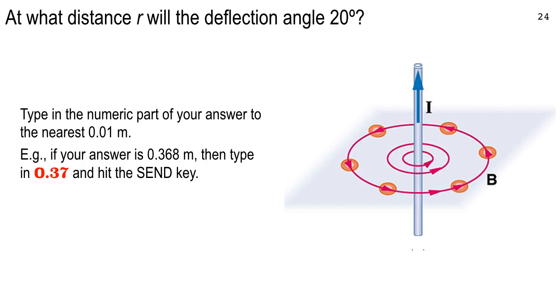So this is the same as saying tangent of theta, or tangent of 20, equals this junk, right? And that's times 10 to the minus 7 Tesla.